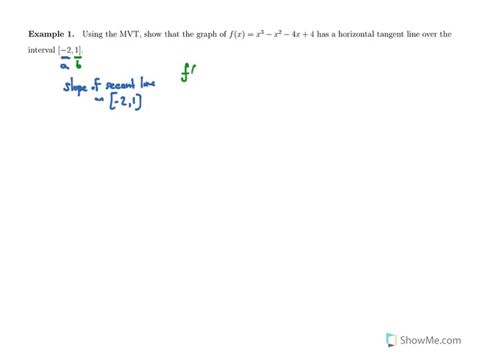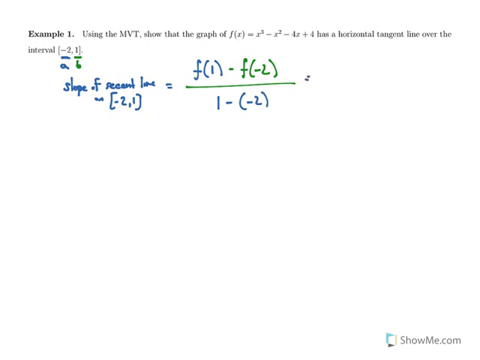That's going to be f of b minus f of a, so I did that backwards. Let's do that again, sorry. f of 1 minus f of -2 all over 1 minus -2, b minus a.